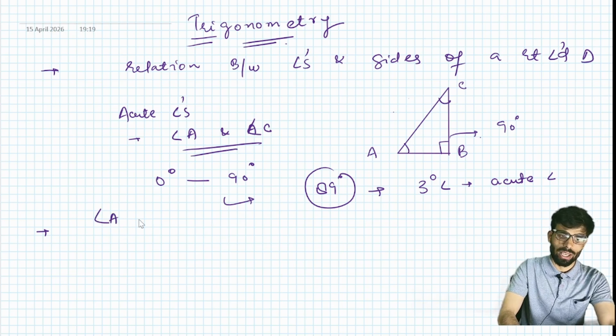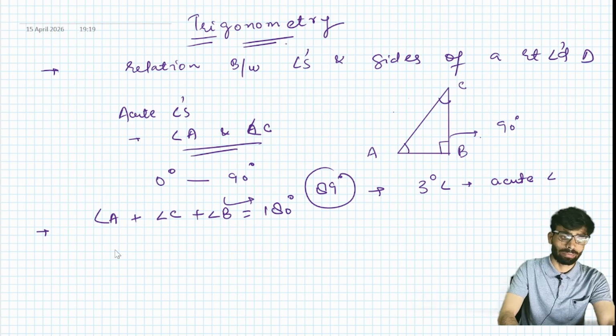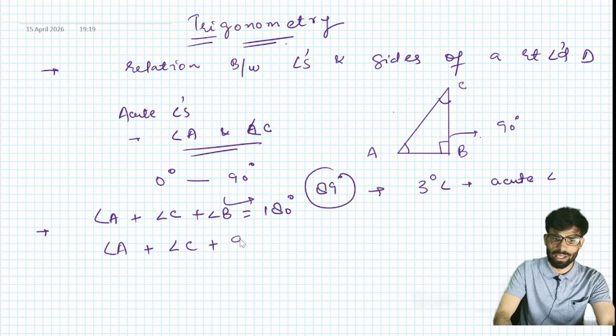That means angle A plus angle C plus angle B, which is here 90 degree, their sum will be 180 degree. Okay, that means angle A plus angle C plus angle B, here 90 degree, equals 180 degree.